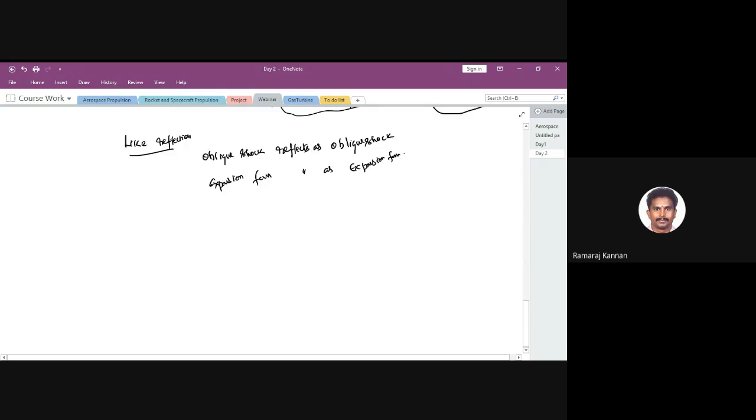So that's what is going to happen. Like reflection is going to occur in the solid boundary. In the solid boundary, we are going to have a like reflection.